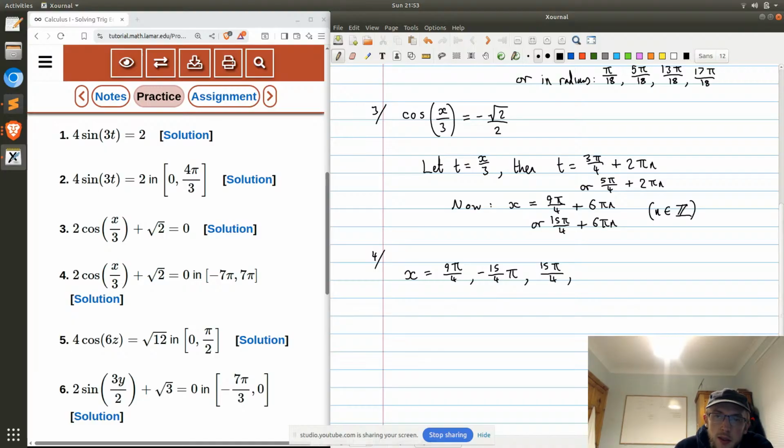But then if we were to add 6 pi, then we would surely be off the range. So once again, we have to subtract 6 pi. So this is 3 3/4 of pi. So I take away 6 and I get negative 2 1/4, which is negative 9 over 4 pi.